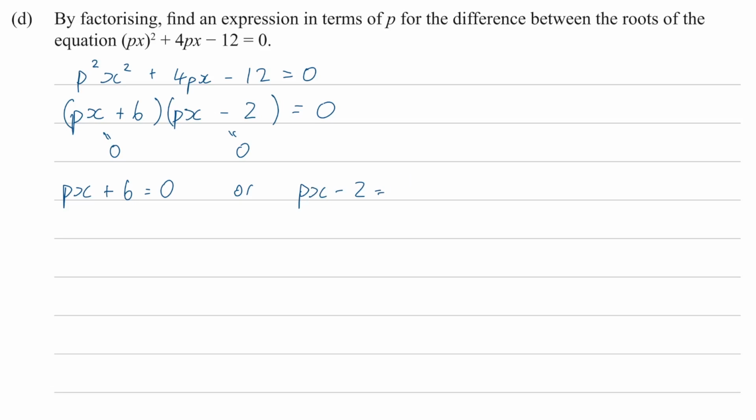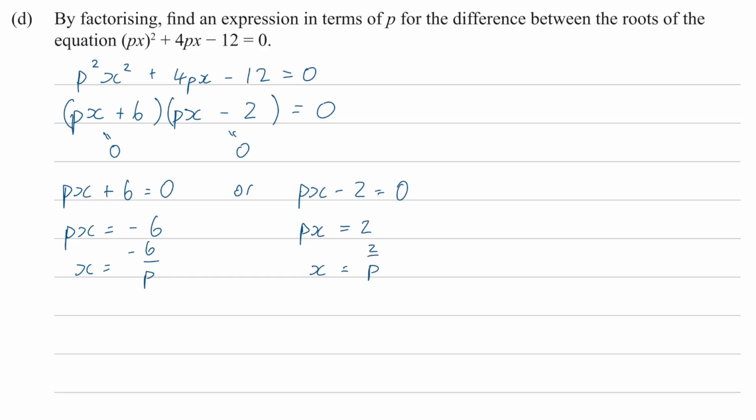So let's solve the first one together. px equals minus 6. So subtract 6 from both sides, and then divide both sides by p. Or for this one, add 2 to both sides, and then divide both sides by p.